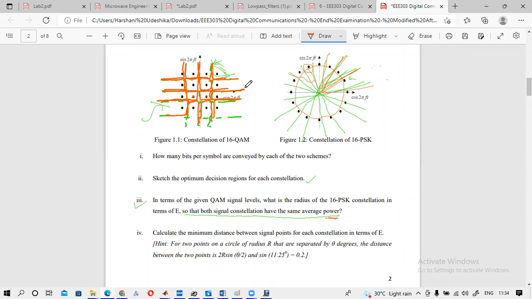Both constellation points' average energies should be the same. So I am going to find the average energy here, and get a relationship between the radius and the average energy. You can see that it is very clear. We can get that relationship because we know this radius is directly related with the amplitude and with the energy of the signal. Are you clear?